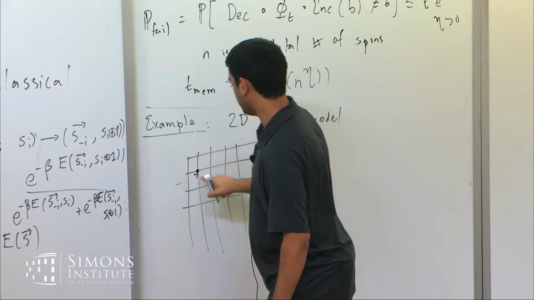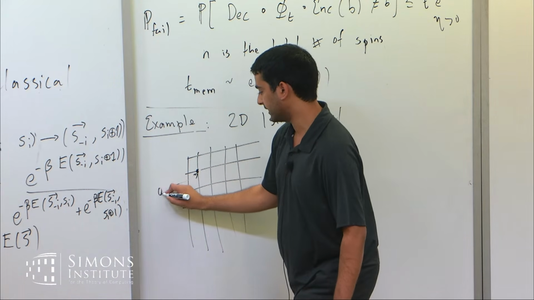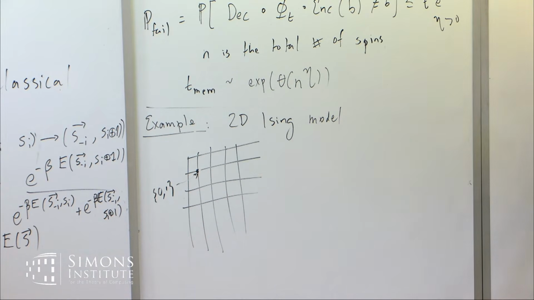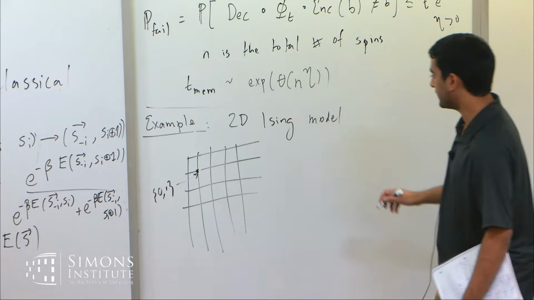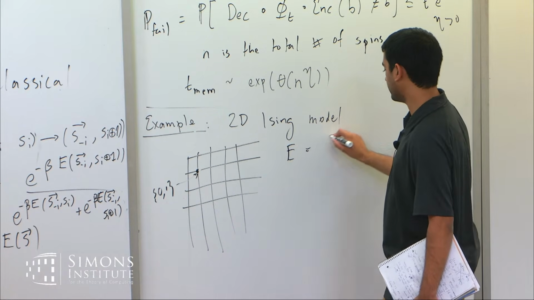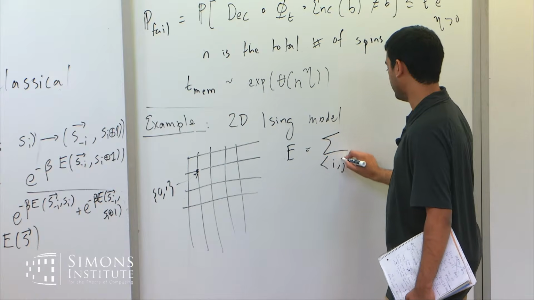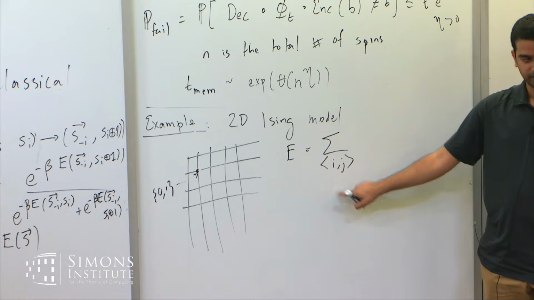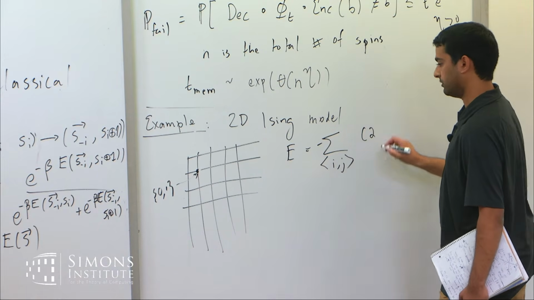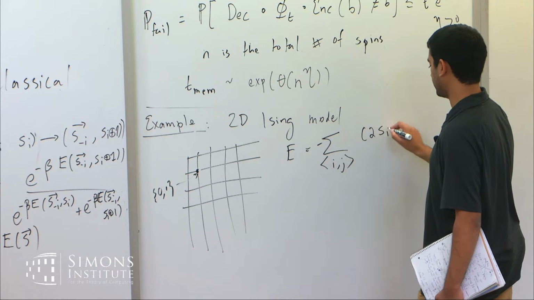So I have a spin on each site of this lattice, and it either takes the value 0 or 1. And the energy function that I'm going to write on this two-dimensional lattice is a sum over neighbors, ij, on the lattice, with a negative sign, of s_i s_j.